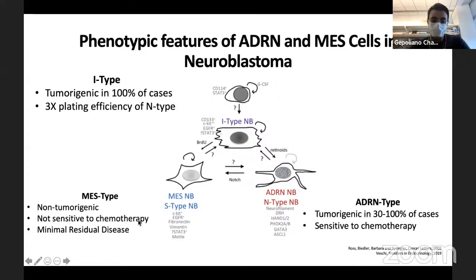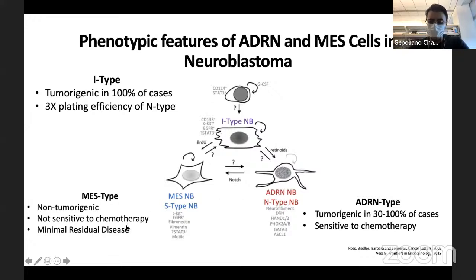Mesenchymal cells are not sensitive to chemotherapy. So in fact, after you give chemotherapy to a child, these cells are going to survive and they're going to cause the cancer to relapse because, as I said, they're likely going to differentiate and start disease progression as an adrenergic cell.